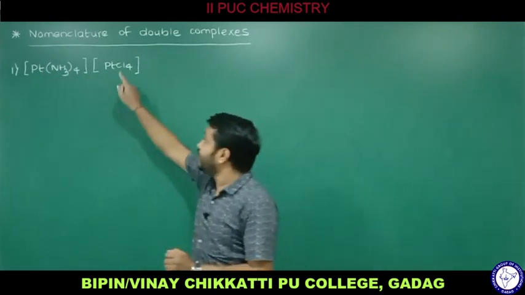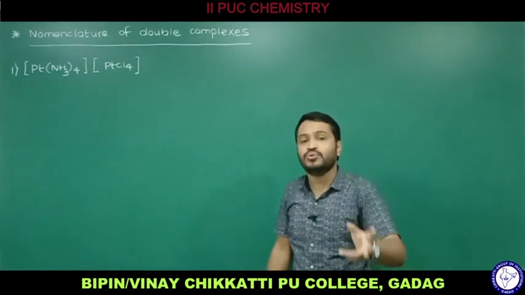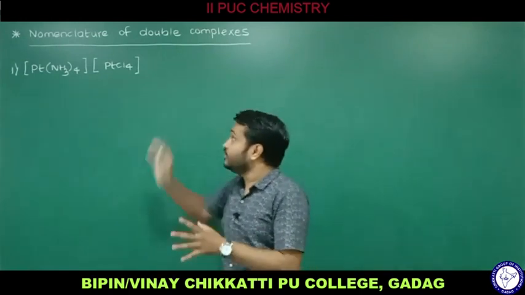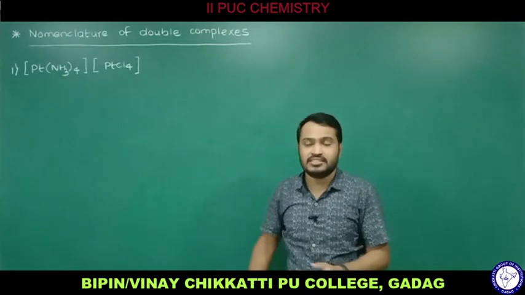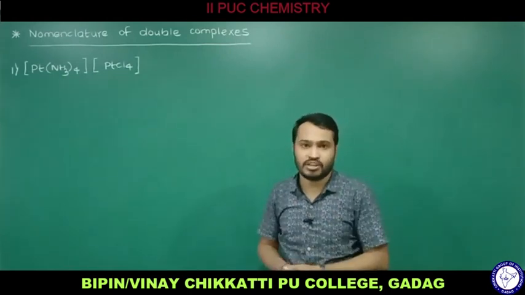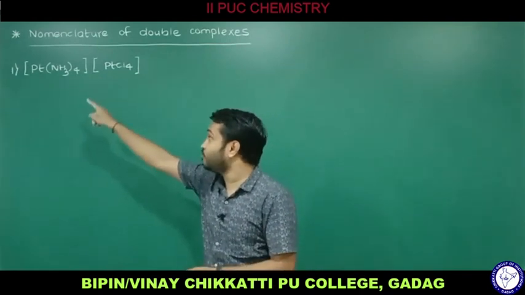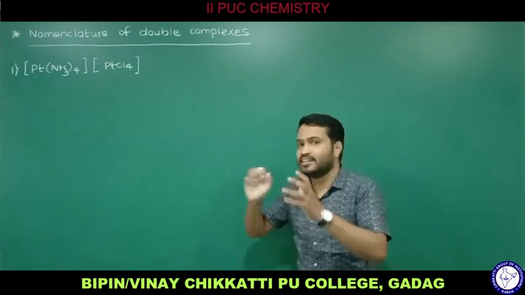If you consider the next complex, platinum is the central metal atom and Cl is the ligand. So we have two central metal atoms, and these sometimes have the same oxidation number, while in some examples it is different. So we need to find out the oxidation number of platinum in this complex and in the other complex, and then write the name.